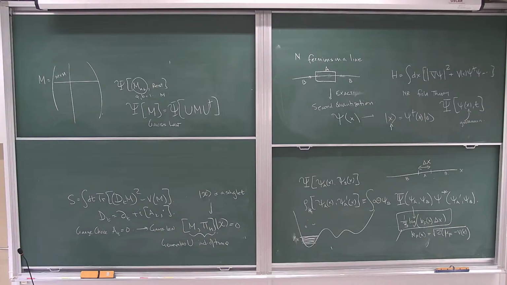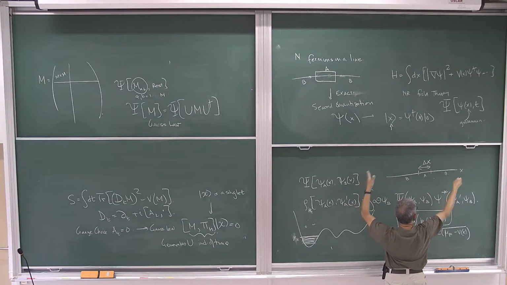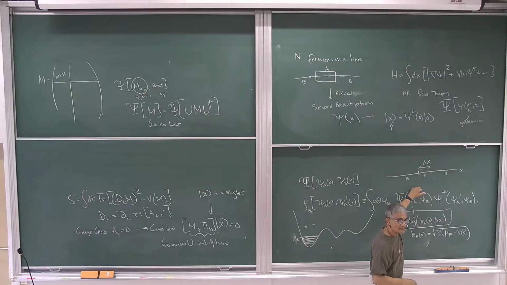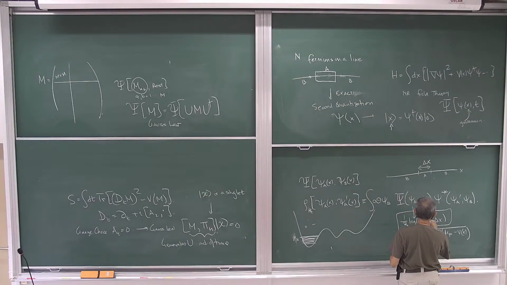What's x in that expression? This x. The picture is a delta x, and x is the location of the interval. I should maybe call it x0.